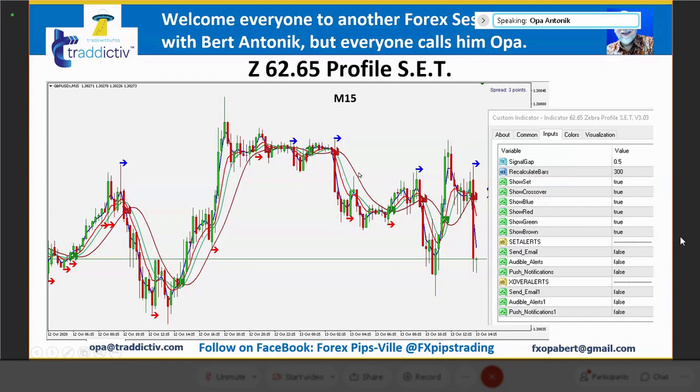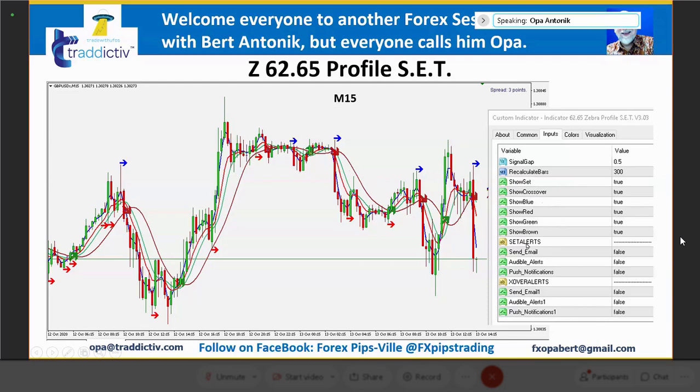And if you don't want the profile to show, you can take off the blue, red, green, or brown lines, and have only one or two of them, depending on how well you trade and how much practice you have with those.